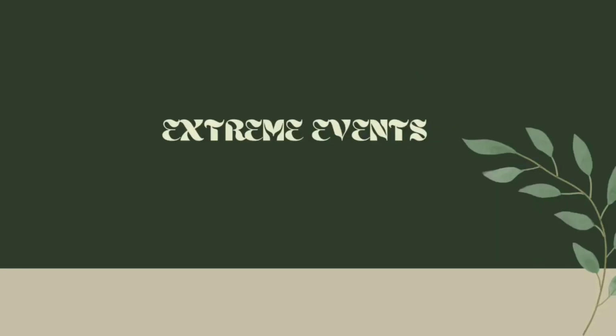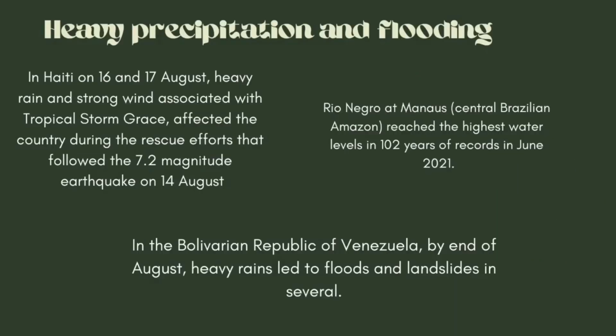Next is extreme events. First in extreme events is heavy precipitation and flooding. In Haiti, on 16 and 17 August, heavy rain and strong wind associated with a tropical storm affected the country during the rescue efforts that followed the 7.2 magnitude earthquake on August 14. Then the Rio Negro at Manaus reached the highest water levels in 102 years of records in 2021.